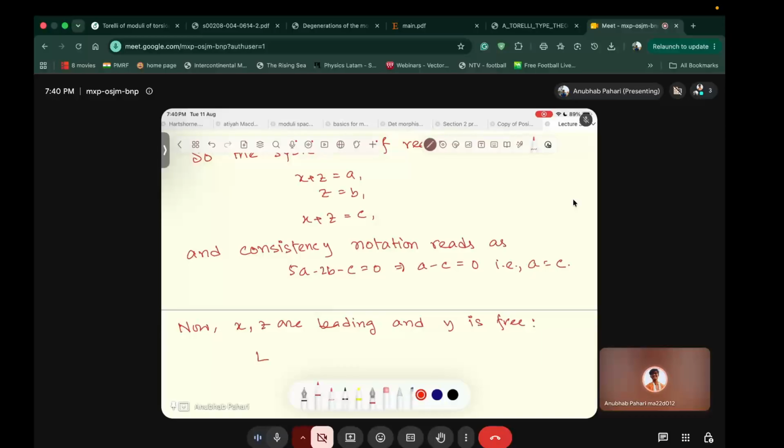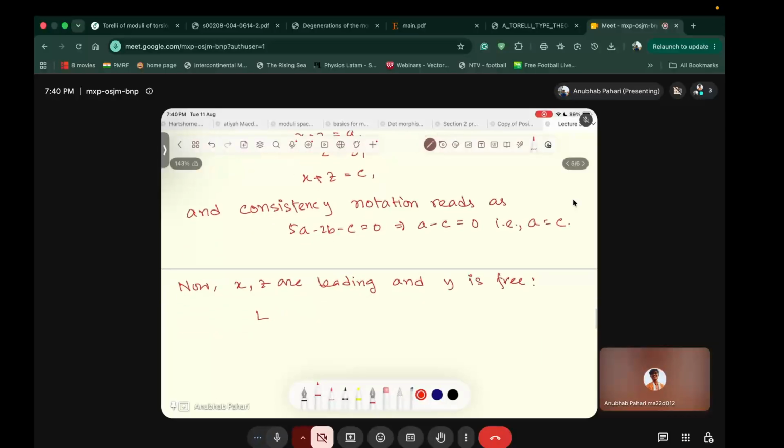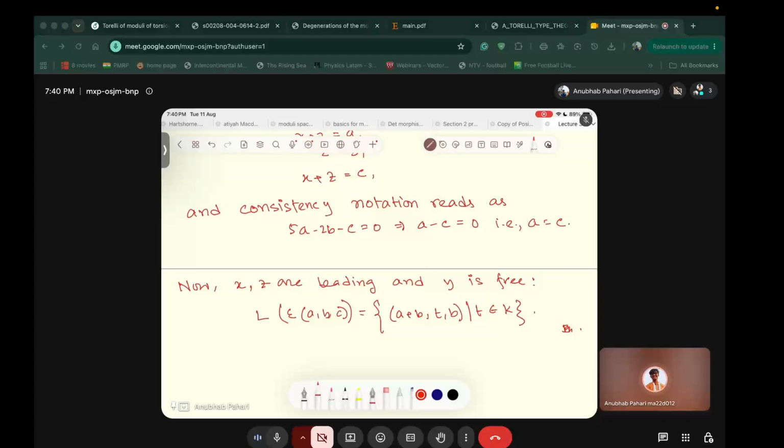Therefore your solution set will be of the form a plus b t, b, where t belongs to K. So we are done. This was your problem number 3.2 in the assignment practice sheet.